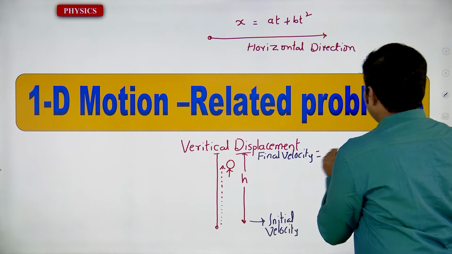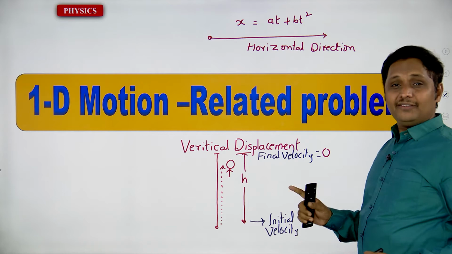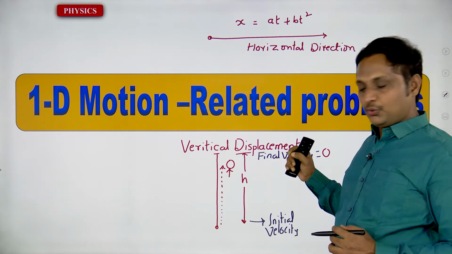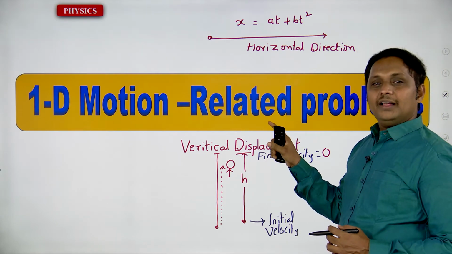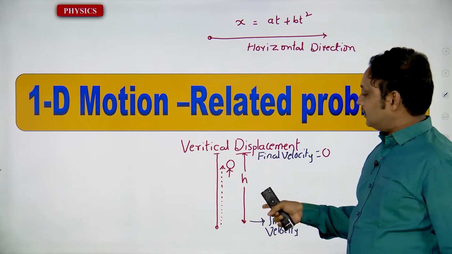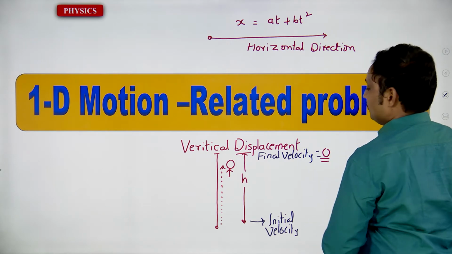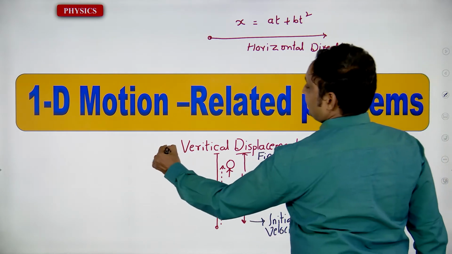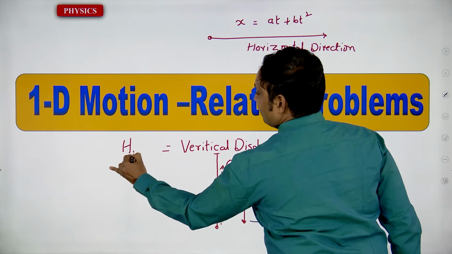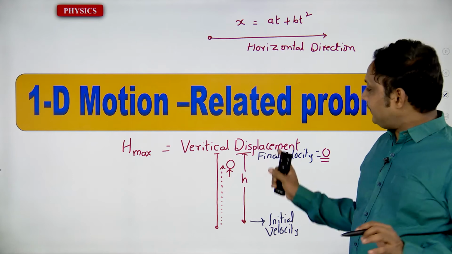If the final velocity is 0 at that point, then the vertical displacement is nothing but the maximum height. So it's very clear. The vertical displacement is H maximum.